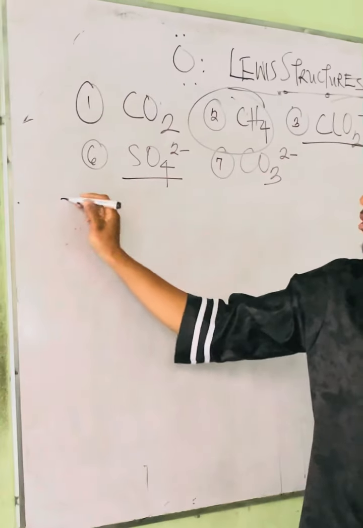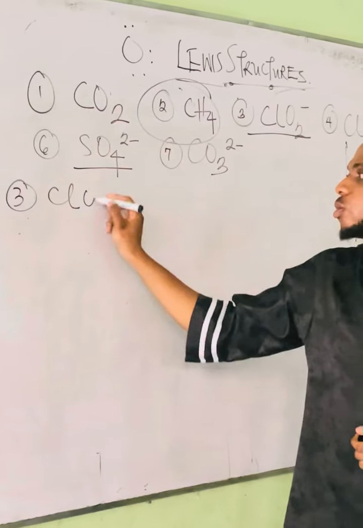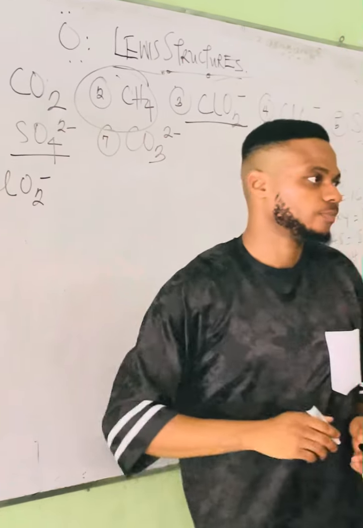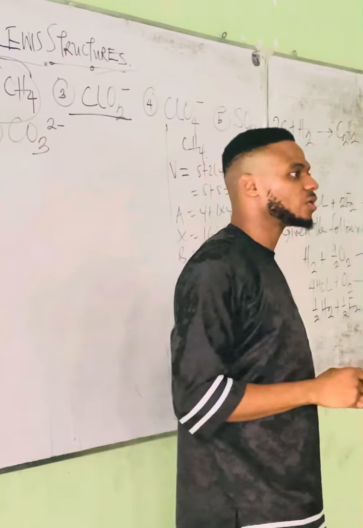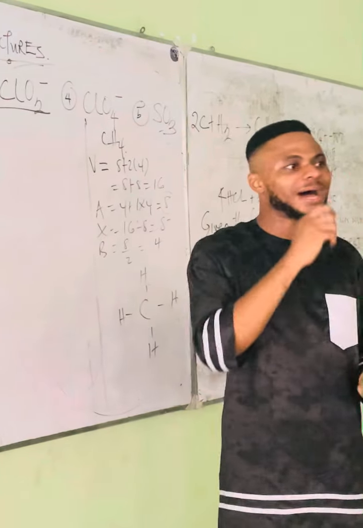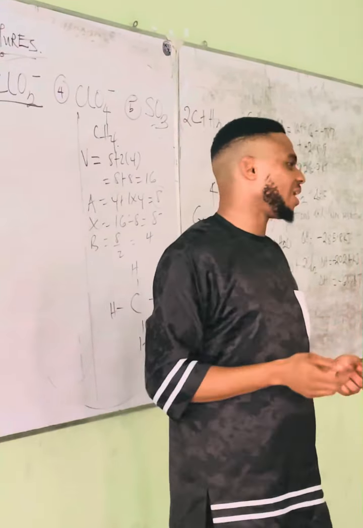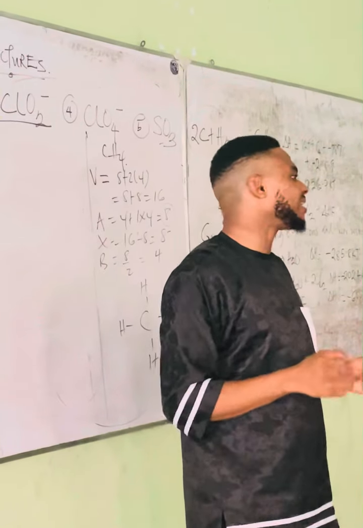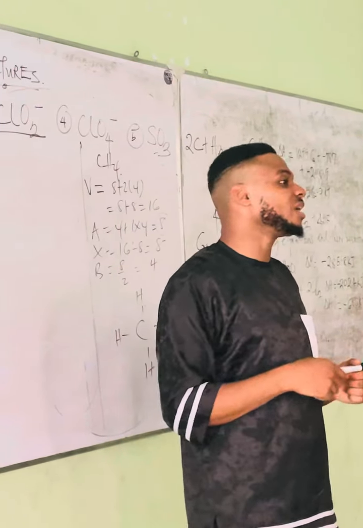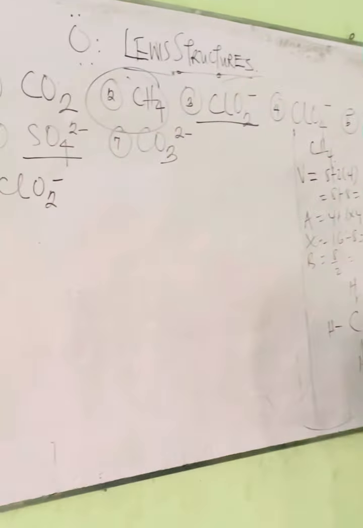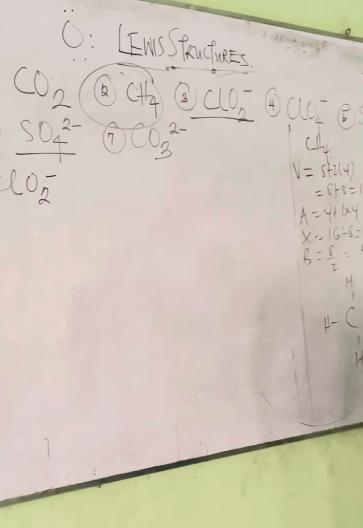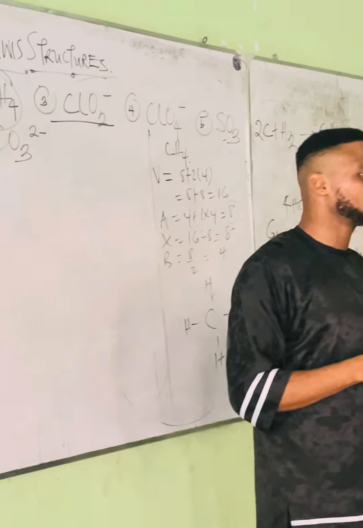So number 3 is ClO2 minus. Now remember what I told you about the central atom. If you look at it very well, is chlorine less or more electronegative than oxygen?